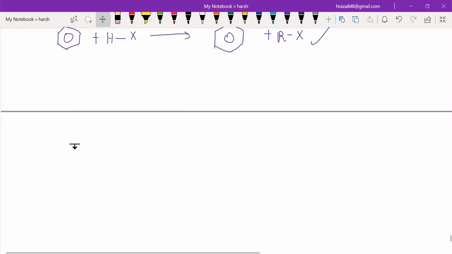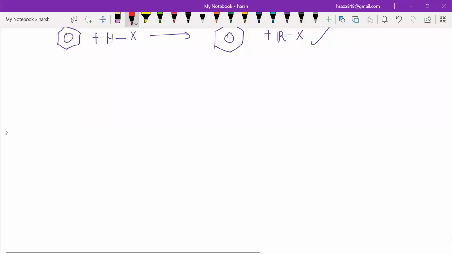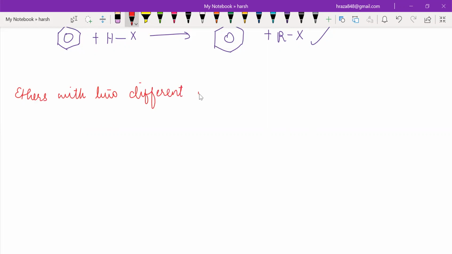Now see, if there are two different alkyl groups, ethers with two different alkyl groups are also cleaved in the same manner.